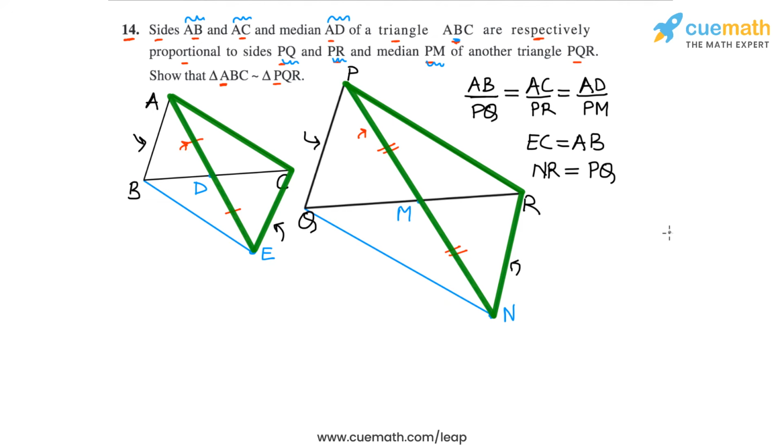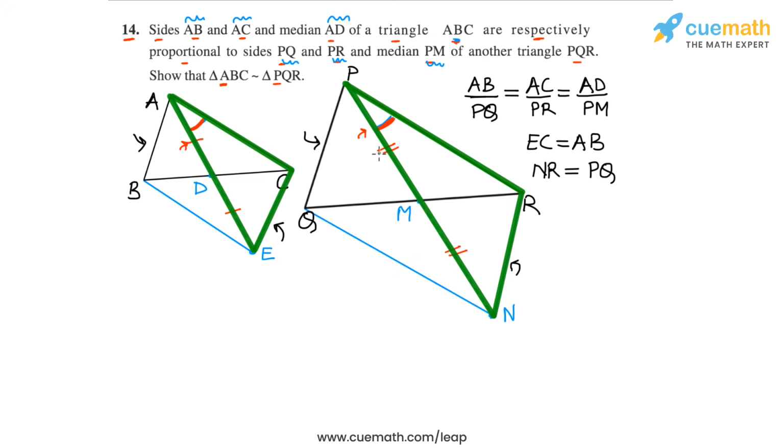So once we have shown that these two triangles are similar, we will be able to say that this angle here, angle CAE, is equal to angle RPN. Okay, so actually let me highlight it in a different color. So angle CAE is equal to angle RPN is what we will be able to show.